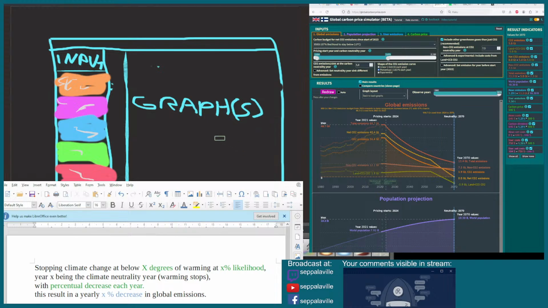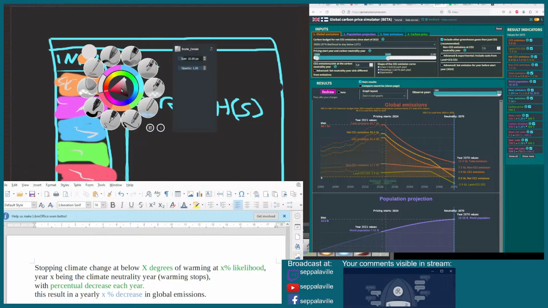But yeah, back to this thing: if we have it so that we only have one graph at a time, here I'm thinking we would have, close to these input accordions, some kind of what they call radio buttons.